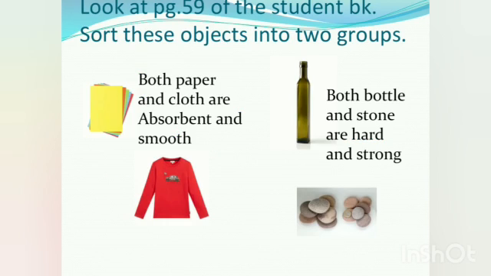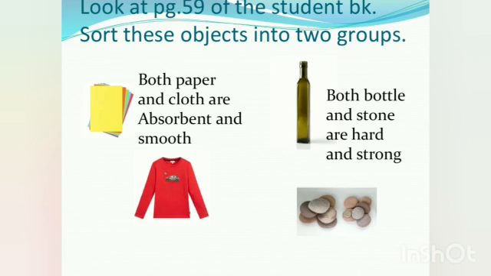Now, on page 59 of your book, you have so many pictures. Now we have to sort them into different groups. I have sorted these pictures, or the materials which are there on page 59, into two different groups. One which are soft and absorbent, or smooth and absorbent.